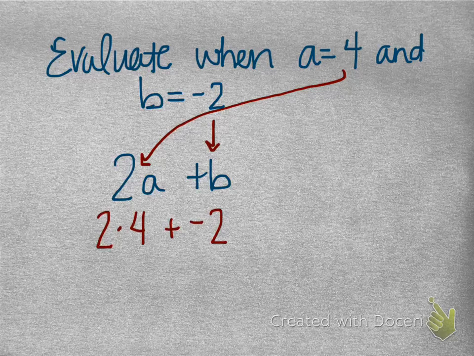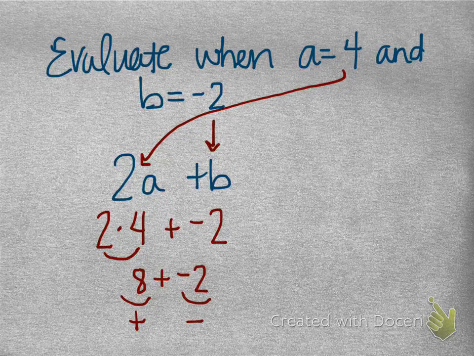Well, order of operations tells me I have to multiply here first. Okay, 2 times 4 is 8. And then when I add -2 in, I have different signs. This number here is positive, and this number is negative. Different signs, I'm actually going to subtract. 8 minus 2 is 6, and it's positive because 8 is bigger and 8 was positive. So your final answer should have been 6.